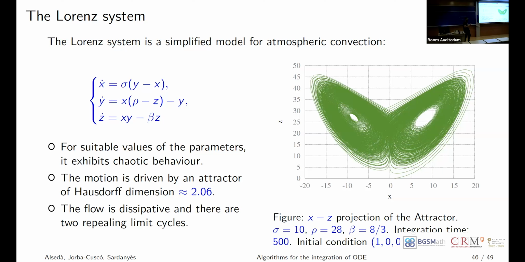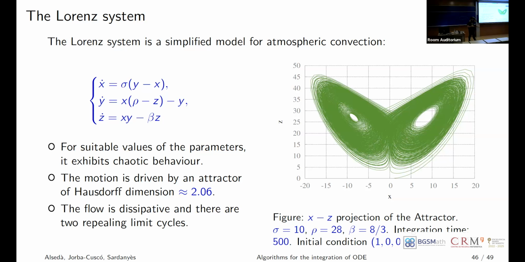And if you pick the right selection of parameters, and there is an open set of those, for instance this selection of parameters, you have a strange chaotic attractor, which is dominating the dynamics. This is an integration of an initial condition, which is this one. And this is a trajectory. But the trajectory is attracted by this object, which is drawn by the trajectory.